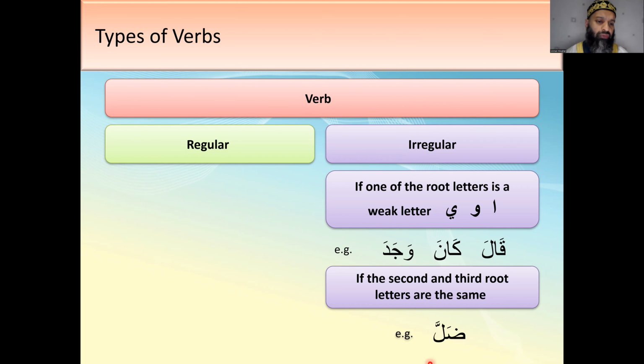How often do weak root words occur? They do occur, but they don't occur a lot, meaning there are not many weak verbs compared to regular verbs. But for example, qala, kana, wajada, dalla, they do come in the Quran. Yeah, there's not that many compared to the regular ones.